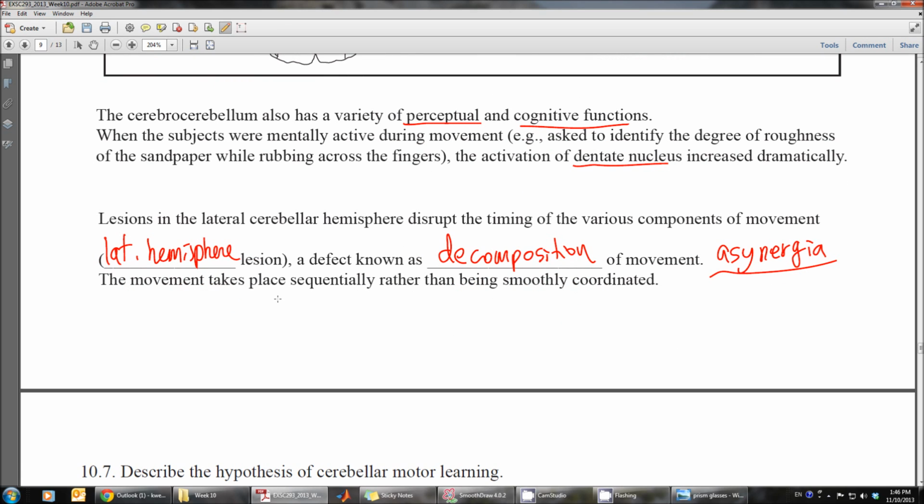So the movement becomes a bit jerky and decomposed, and one example will be the symptom called dysdiadochokinesia. I'll just spell it out, it's quite a long symptom. Dysdiadochokinesia.